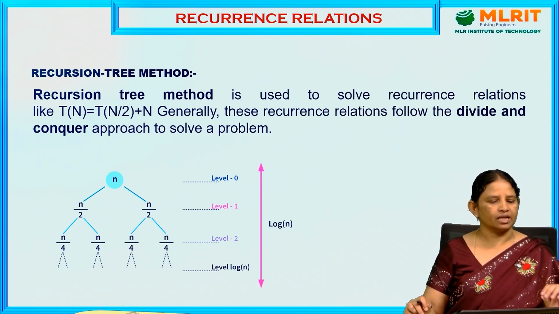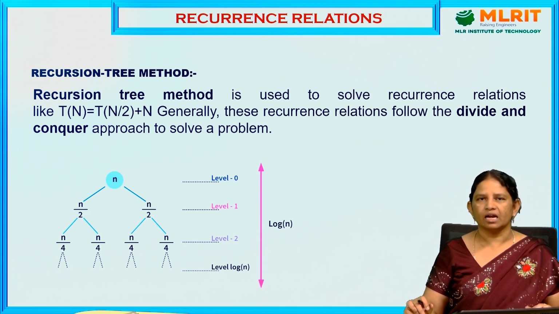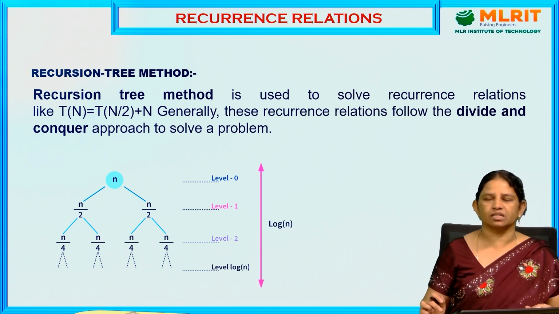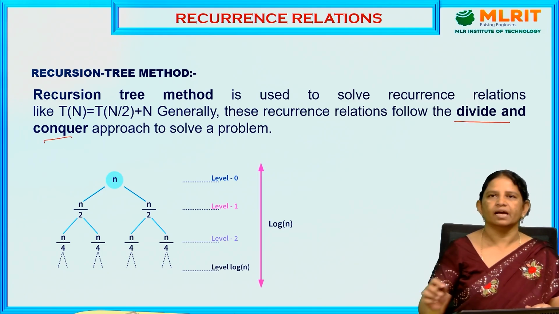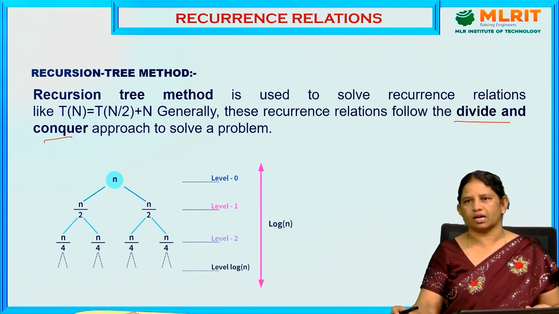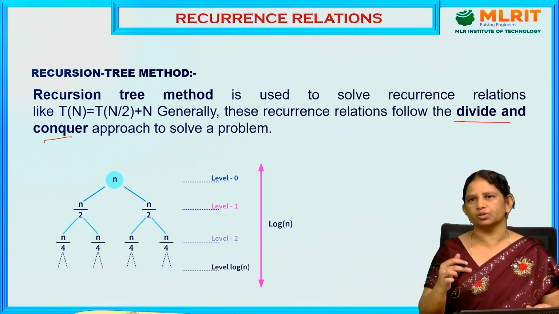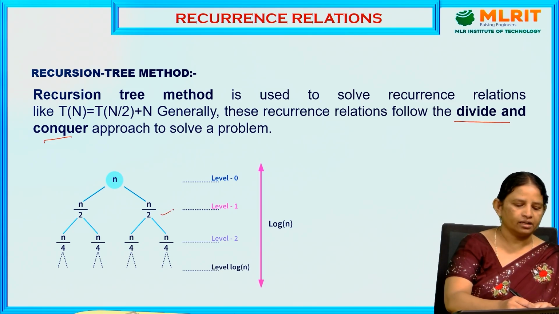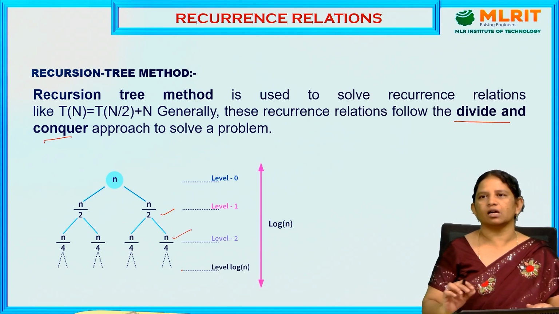As the name implies, we need to solve the recurrence relation by constructing a tree structure. This recursion tree method follows the divide and conquer strategy. In divide and conquer, if the problem is big, we divide the problem into subproblems, and again divide the subproblems into subproblems until the solution is found.